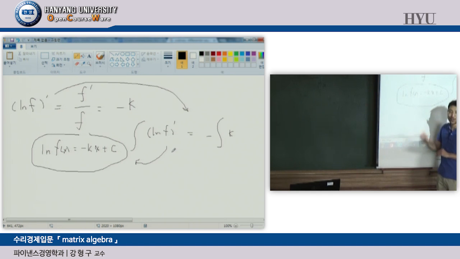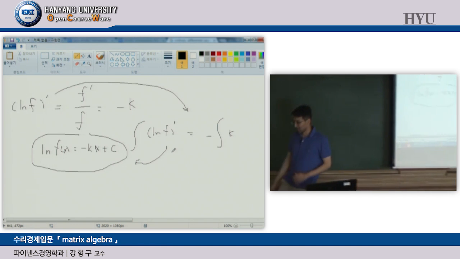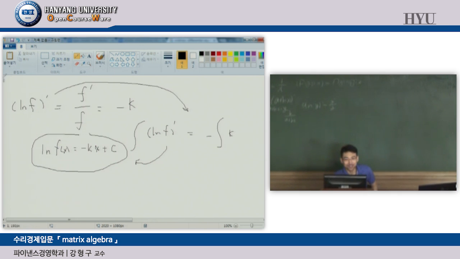So f comes out, and e to each side, then e to the f(x) equals e to the minus kx plus c. Well, and e to the power of c is just, we write down a, so a e to the power of minus kx.